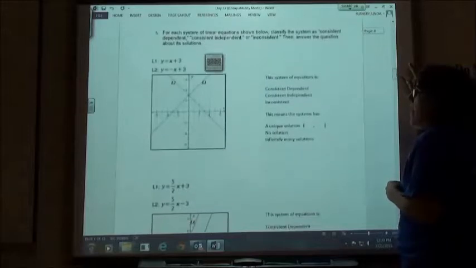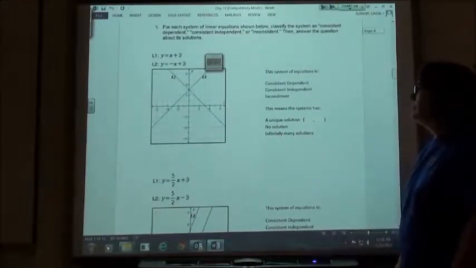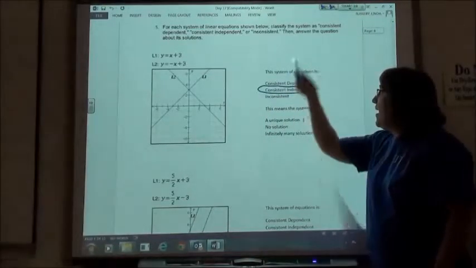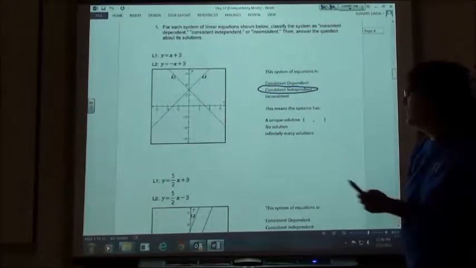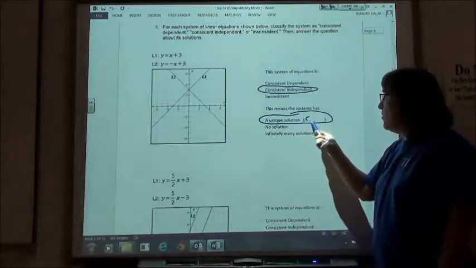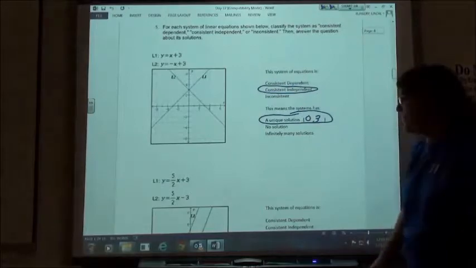So, number 5. That first one is what? Consistent independent. And what does it have for solutions? It has a unique solution at 0, 3. Right? If I count up, there should be at 0, 3.